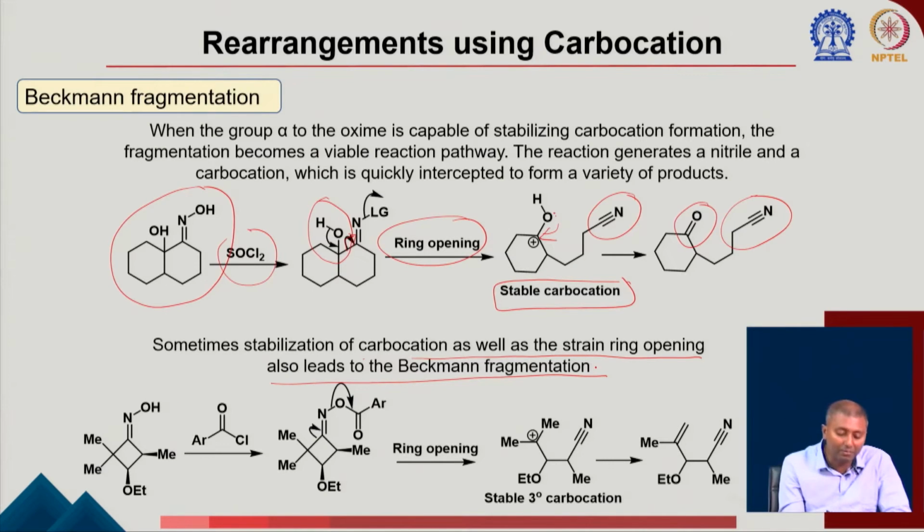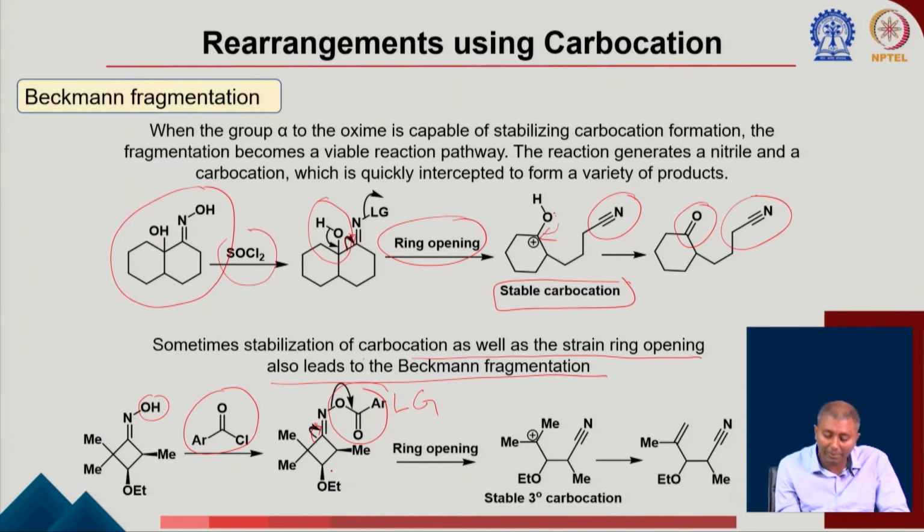So here, what is happening? The first step is you can activate it, the OH can be converted to the corresponding leaving group after reacting with benzoyl chloride. Now it has become a leaving group, so it has a chance for fragmentation.